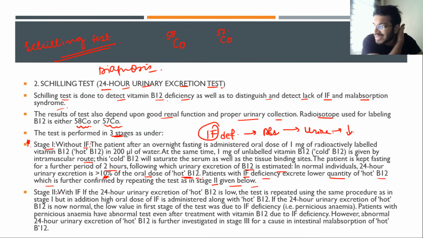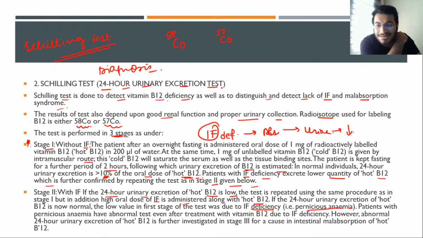Stage 2, with intrinsic factor. If the 24-hour urinary excretion of radiolabeled vitamin B12 is low, the test is repeated using the same procedure as in stage 1, but in addition a high oral dose of intrinsic factor is administered along with the hot B12. If the 24-hour excretion of radiolabeled vitamin B12 is normal, the low value in the first stage was due to intrinsic factor deficiency, that is pernicious anemia.